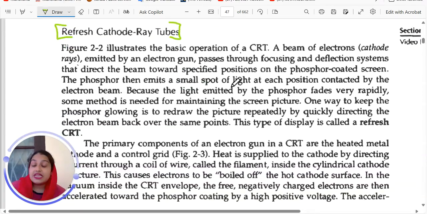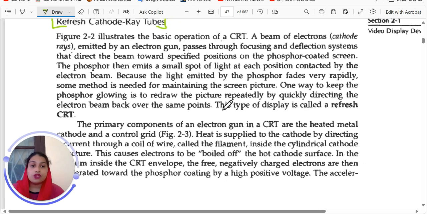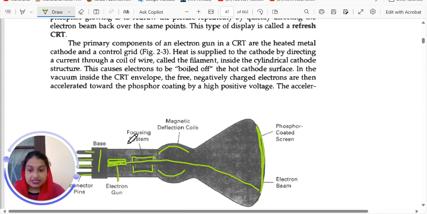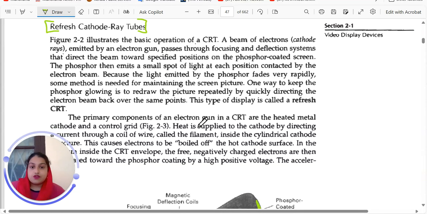Now the figure illustrates the basic operation of a cathode ray tube. A beam of electrons, cathode rays, emitted by an electron gun passes through the focusing and deflection system. This much is the focusing system and this much is the deflection system, that direct the beam towards specified positions of the phosphor coated screen.